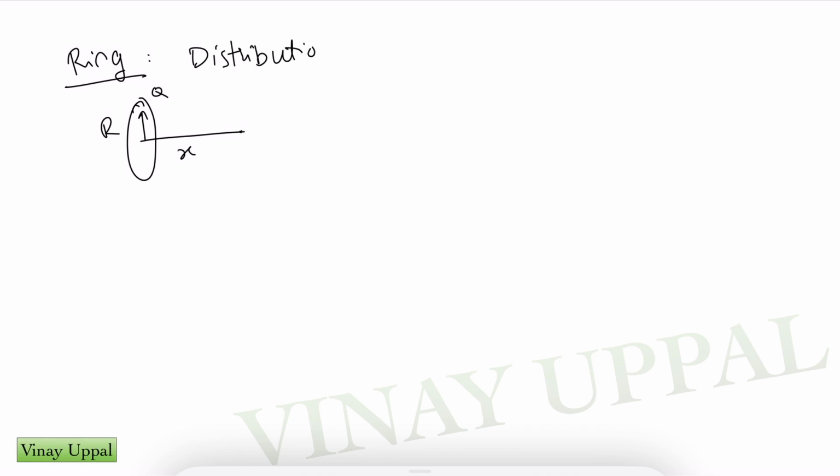Now let's look at the potential due to a ring. So due to a ring on its axis at a distance x from the center, the charge is q. This distribution may be uniform or non-uniform. This is something that is important. The distribution doesn't really matter. The reason is that every point charge on the circumference of the ring, let's assume a dq charge, has the same distance of root of r square plus x square from this point P, where I want to find the potential of the ring.